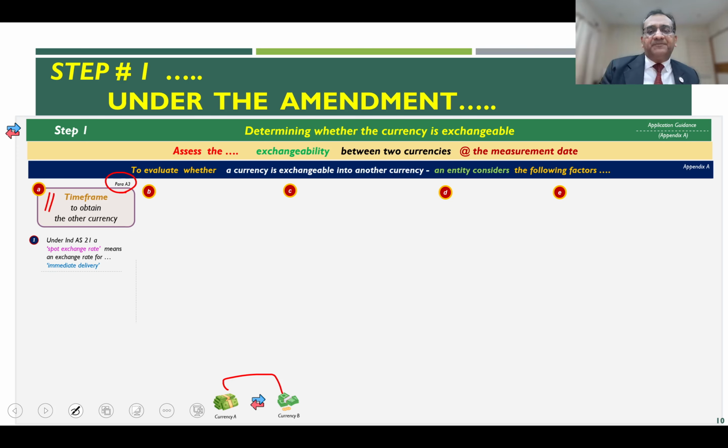Now, if you remember, I explained in the last video that under Ind AS 21 and, from an IFRS perspective, IAS 21, spot exchange rate means the exchange rate for immediate delivery. Immediate delivery does not mean immediately on the day you are buying, because in each geography, spot transactions, term and cash, each of those foreign currency transactions has its own trade practices.